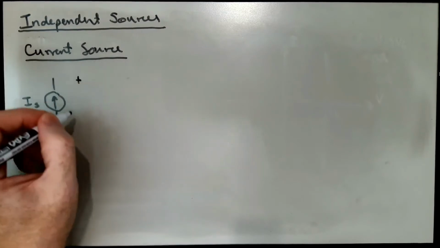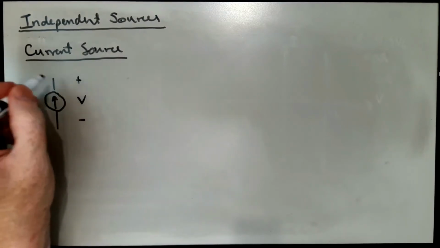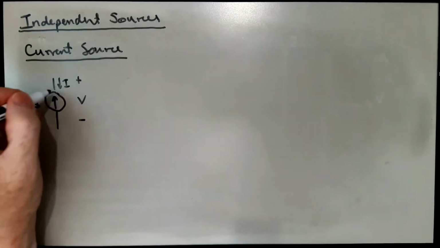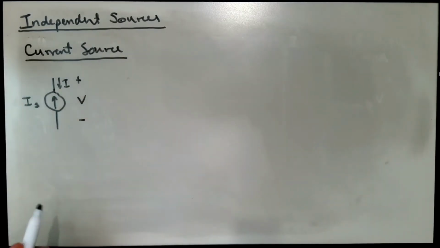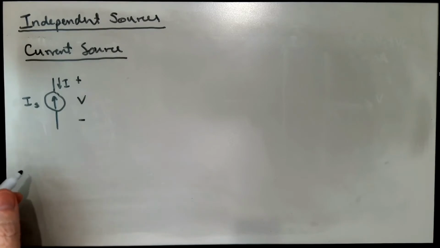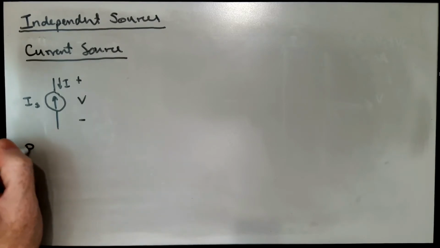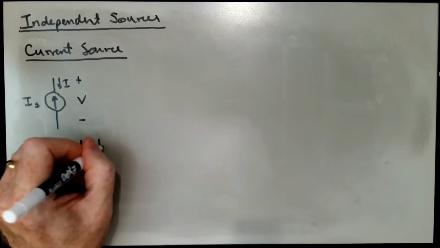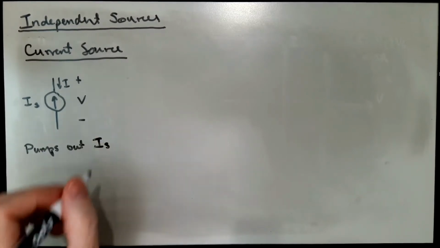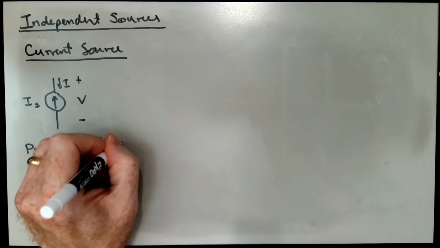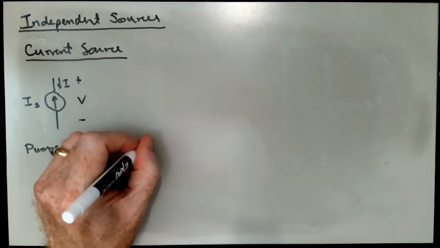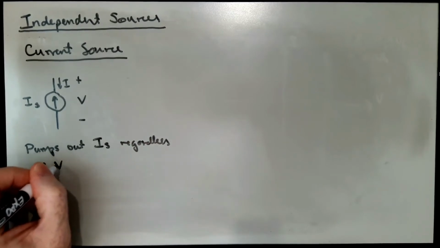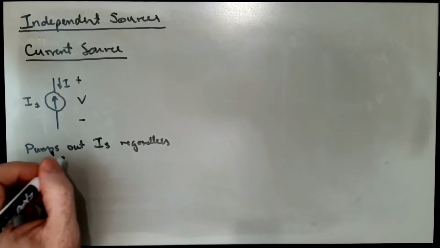And we can have, again, our voltage across it and current flowing through it, consistent with our sign convention. And what the independent current source does is it pumps out the specified current Is regardless of the value of V, the voltage across its terminals.